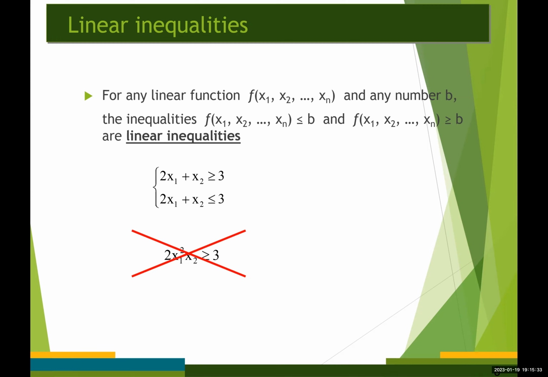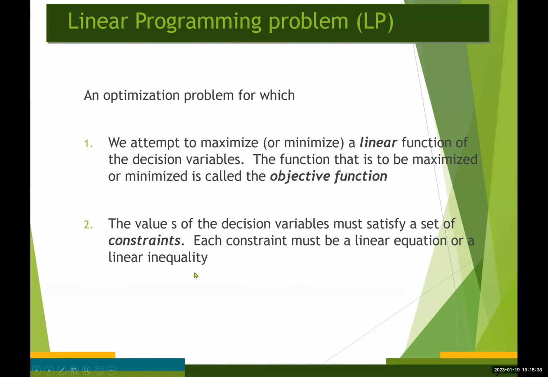Okay, but the function down here is not a linear inequality. Okay, so it's very interesting to talk about optimization problems. Simply, an optimization problem is a computational problem whose objective is to find the best of all the possible solutions.